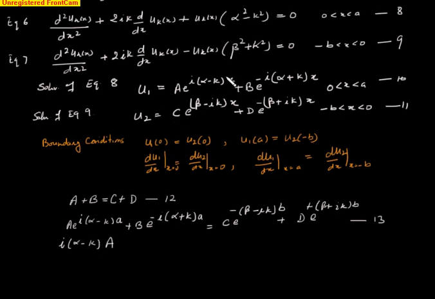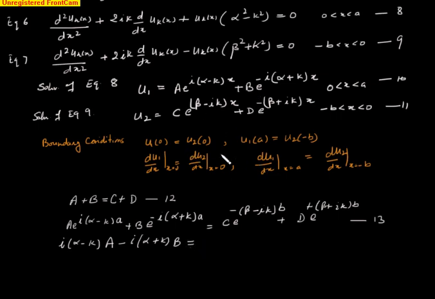Here when I put x = 0, this term will be 1, so plus. Now here I have to differentiate, so I will get minus (iα + k) times b. You put here 0, so it becomes e0 = 1, so I will get only b here.